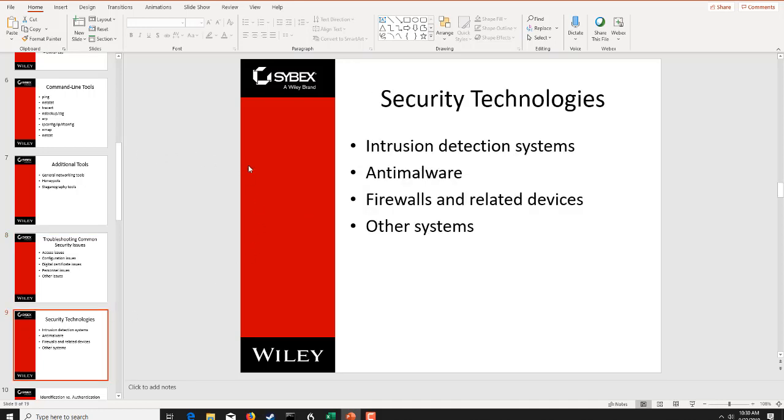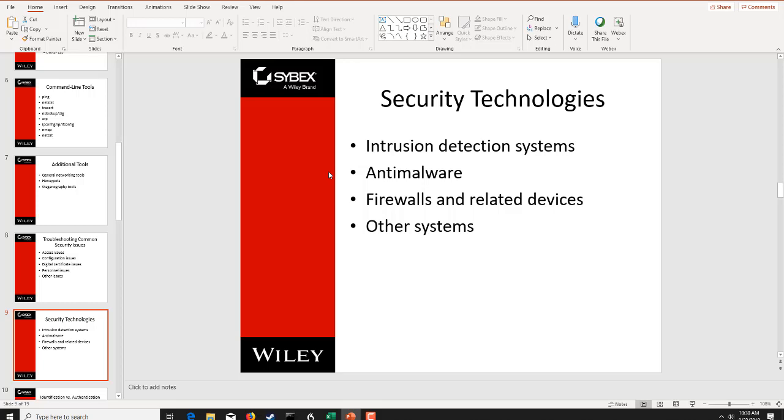So let's dive into some of the security technologies that we see on a regular basis. So we've talked about intrusion detection systems quite a bit, but we keep coming back to it. And on this point, we're going to really focus in on host-based software and systems. And host-based software and systems is important because a lot of times that is considered your last line of defense in terms of intrusion prevention.